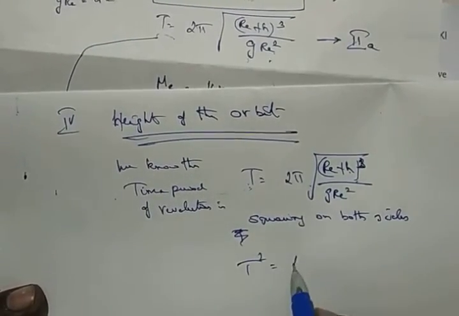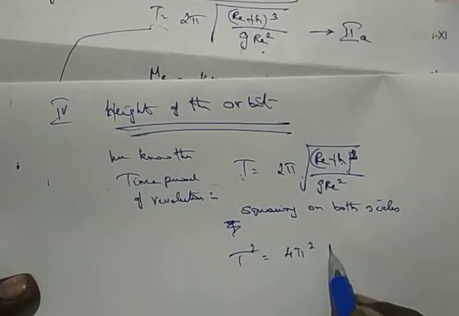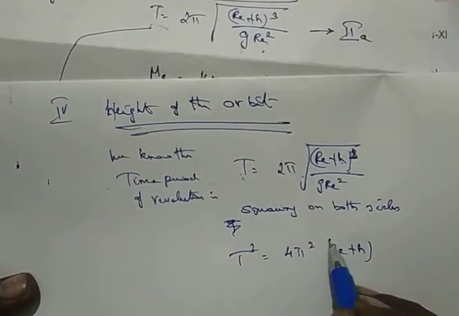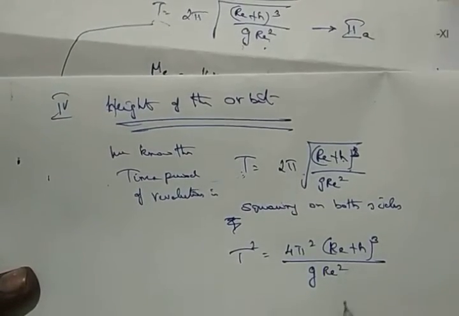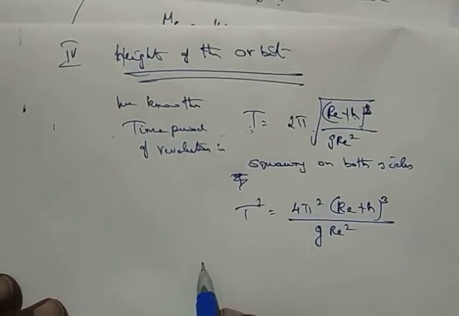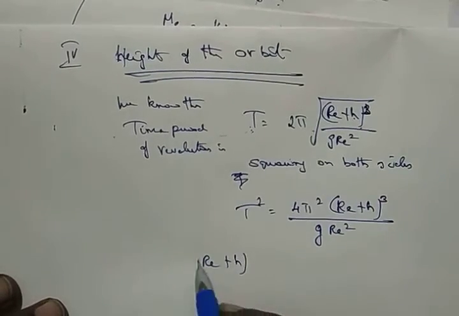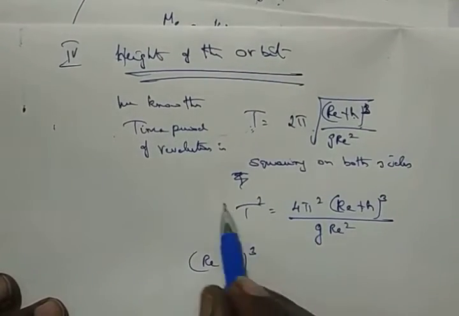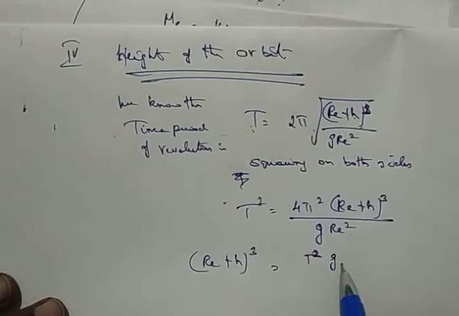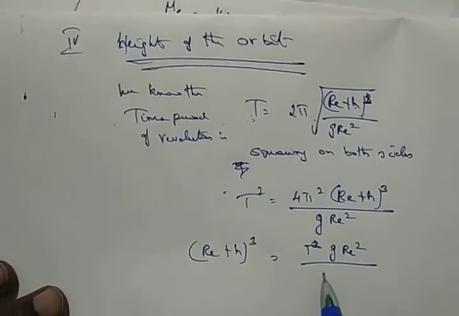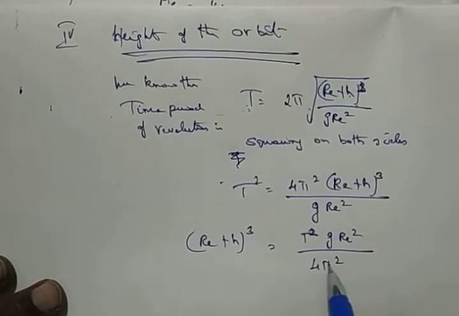T square is going to be equal to 4 pi square (Re plus H) the whole cube upon G Re square. So (Re plus H) the whole cube, keep it here, rest everything goes here. So it is T square into G Re square upon 4 pi square.